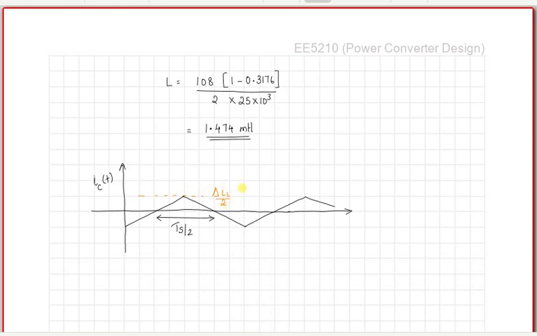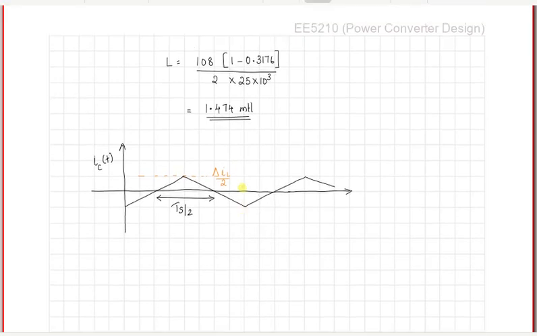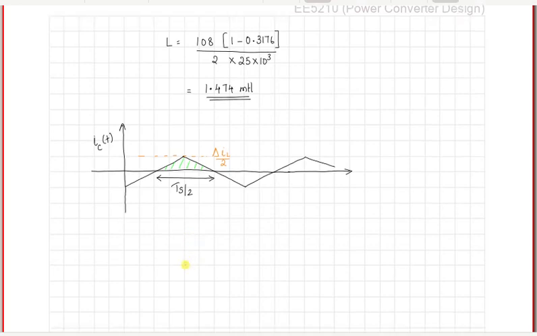And what would be the charge that goes into the capacitor, which will result in the ripple component, is basically given by the area that is enclosed either in the positive half or the negative half. Both are equal, and therefore you could calculate one of these areas and it will give you the total charge that goes into the capacitor during the variation of its voltage.